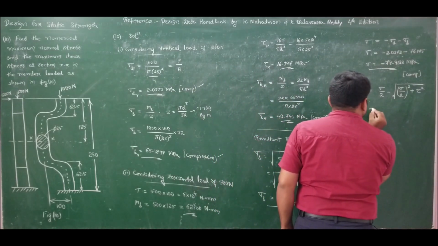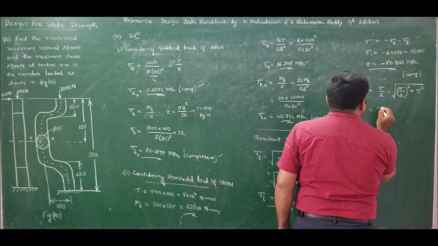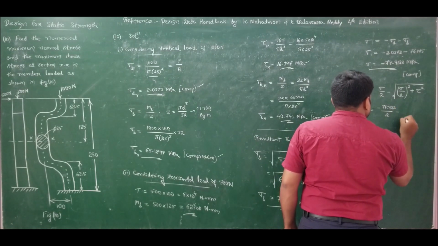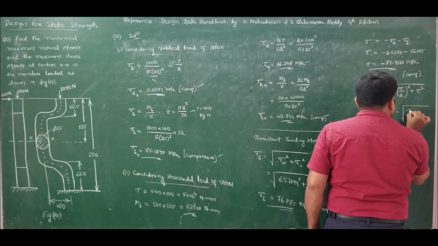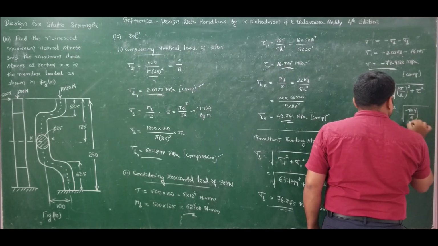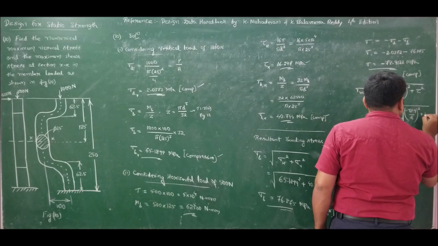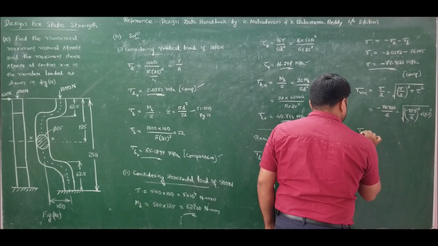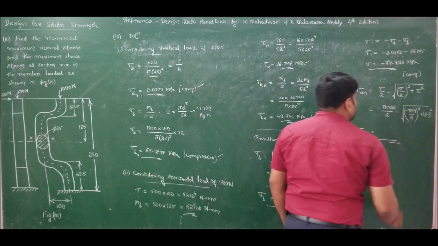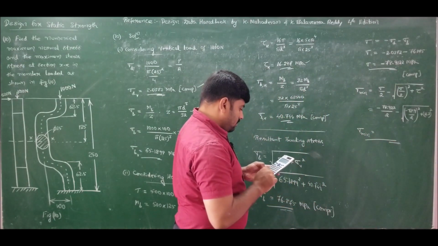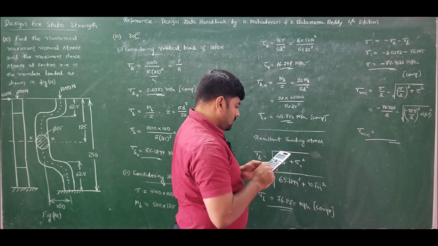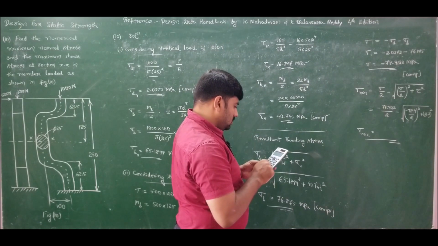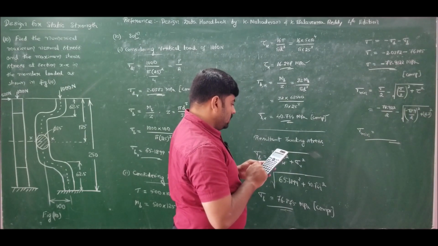If I substitute and solve, I will get minus 78.922 by 2 minus root of minus 78.922 by 2 whole square plus 16.297 square, where tau is 16.297.